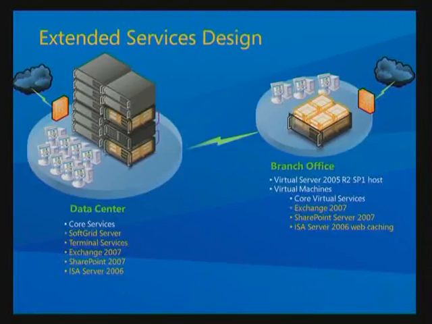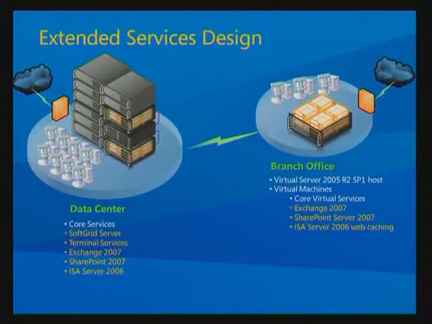This is a downloadable set of guidance that's on the Microsoft website that takes you through a very structured approach to optimizing the services that you want to offer in the branch, helping you make the decisions about what services you want to offer in the branch and what's the best way to deploy those services to address those challenges that we talked about in the slide, the WAN performance, the manageability, the cost, and everything.